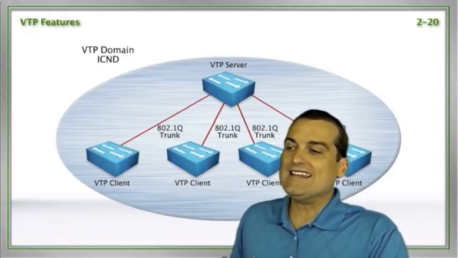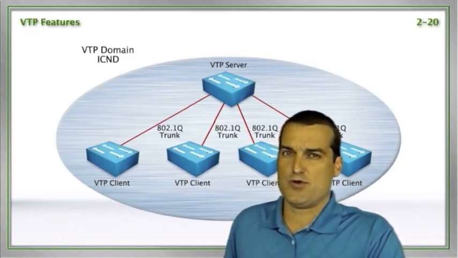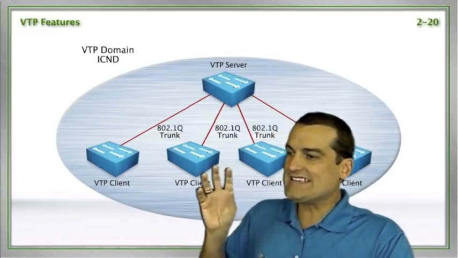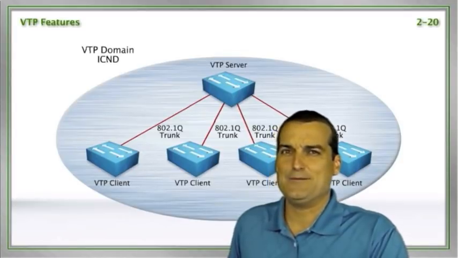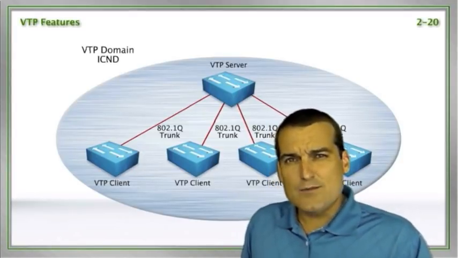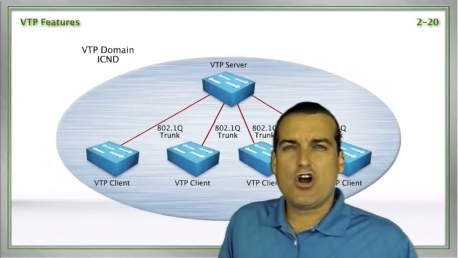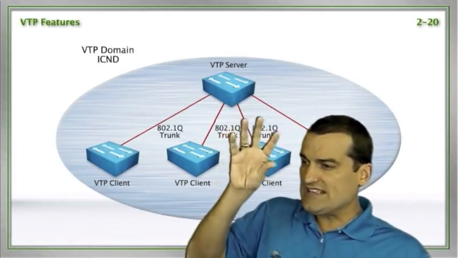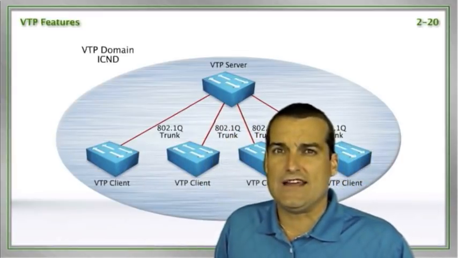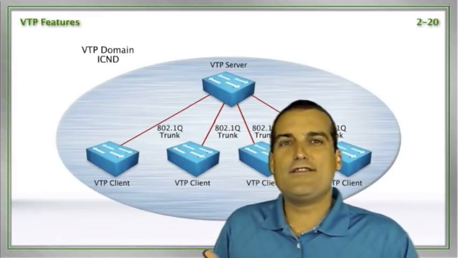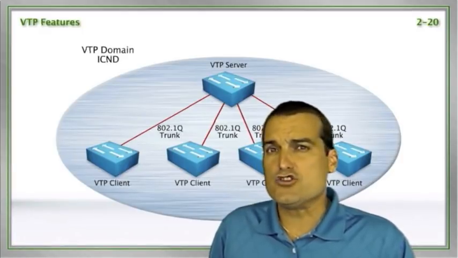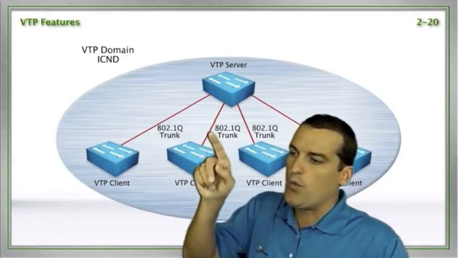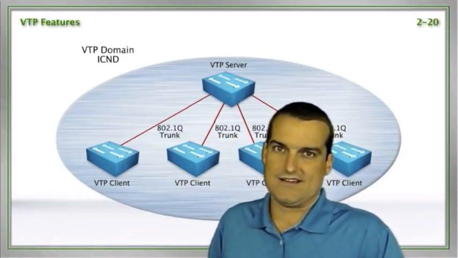It's called the VTP protocol, the VLAN trunking protocol, and it's got a terrible name, doesn't it? The VLAN trunking protocol would be better called VLAN management protocol, because what it's really doing is allowing you to manage your VLANs. There is one thing I like about the name VLAN trunking protocol. It reminds us that it will only work over trunk links.